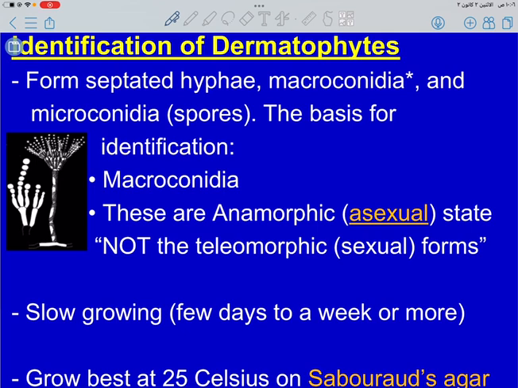They can also grow at 37, but mainly they grow at 25 degrees centigrade. Different from bacteria. There are many media used for the cultivation of fungi, but the most important is called Sabouraud agar. Remember the name, very famous name. If you go to the lab of a hospital, they will tell you Sabouraud agar. Sabouraud is the name of a scientist.